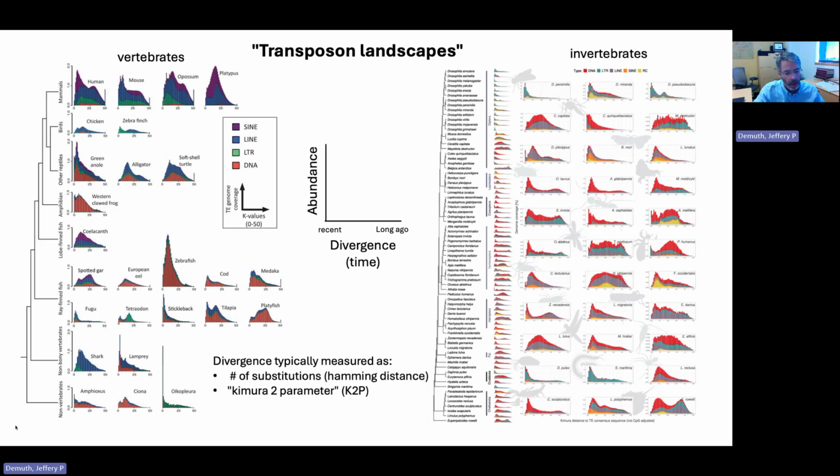So a transition is, say, a C to a T mutation. That is the most common type of single nucleotide mutation in genomes because it's energetically inexpensive and often happens when the nucleotide is methylated.